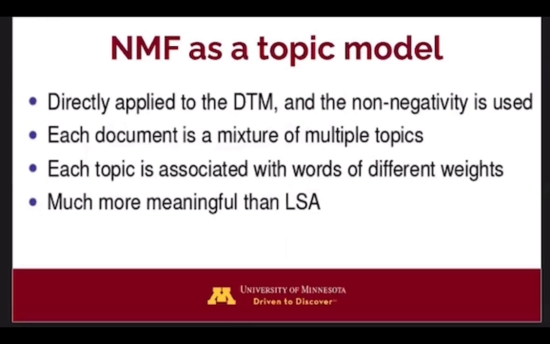I said directly apply to the DTM. What is the DTM? Document term matrix. And the non-negative is used. That non-negative is a keyword because there's a possibility you do a singular value decomposition and you have a negative. But this guy actually imposes non-negativity, which makes sense when it comes to the number of word counts.